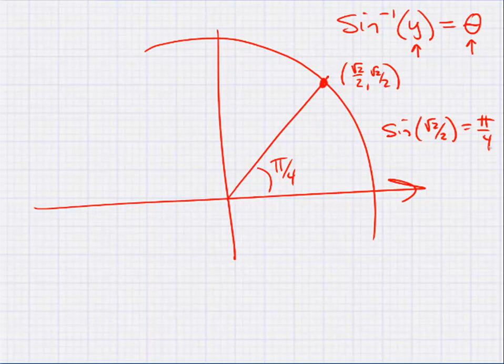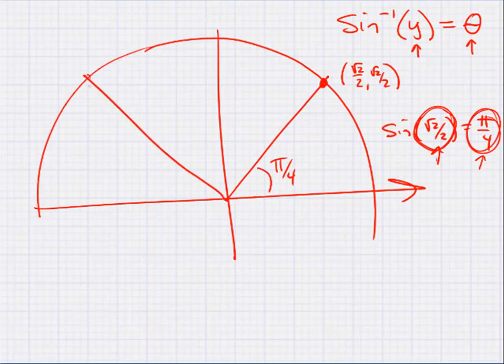So I'm going backwards from the unit circle. I have the y coordinate, and I'm getting the angle. The problem is, if I'm looking at this y coordinate, there are multiple angles that have that same y coordinate, specifically one right here. This y coordinate is also square root of 2 over 2.